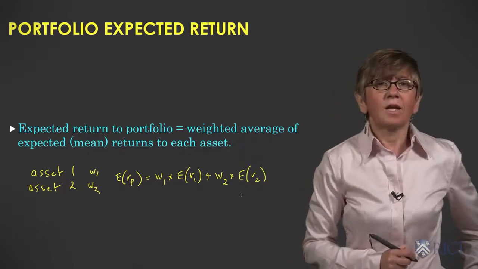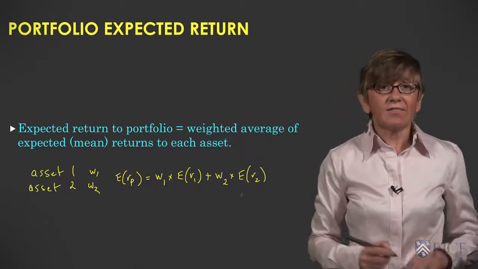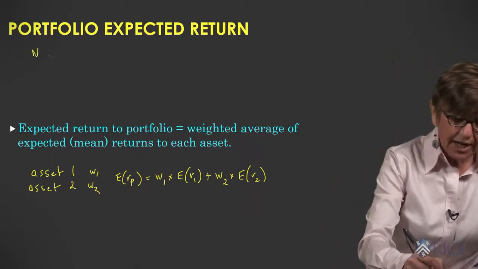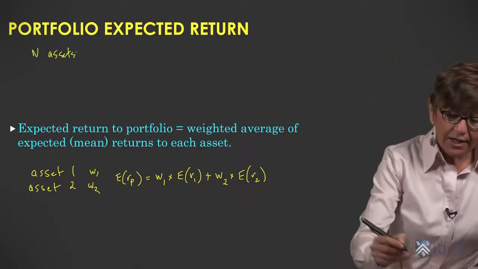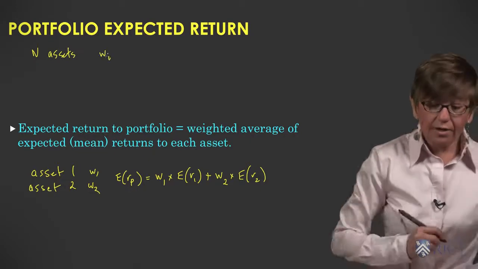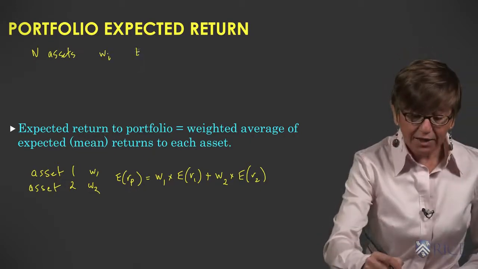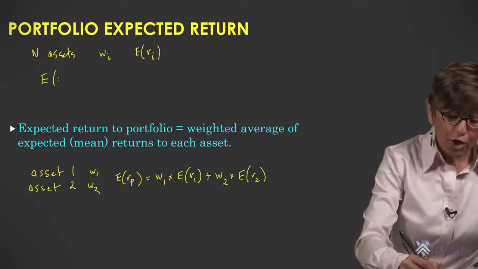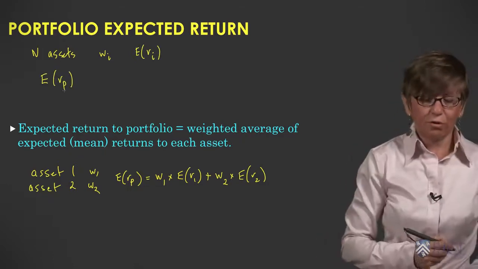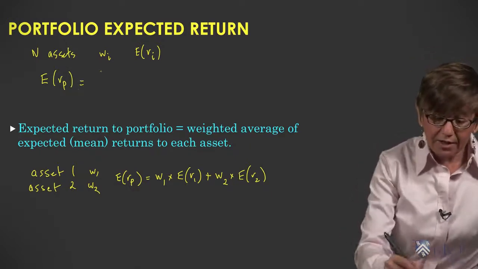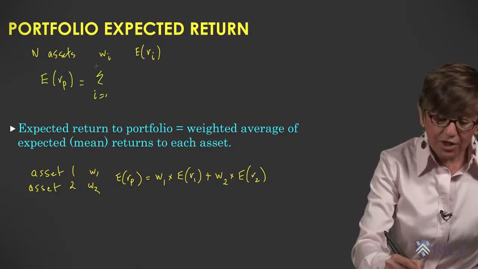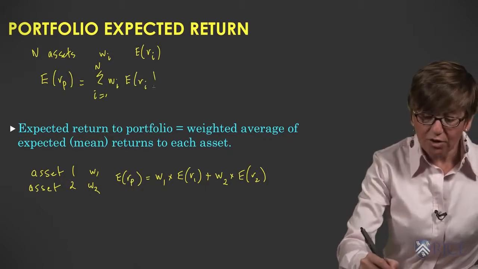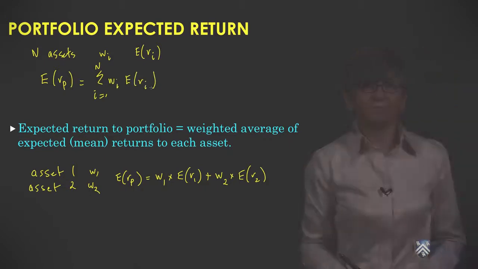Now, if you have n assets, each with weight Wi and expected return Ri, what is the expected return on that portfolio? It will be the weighted average of the expected returns on the individual assets.